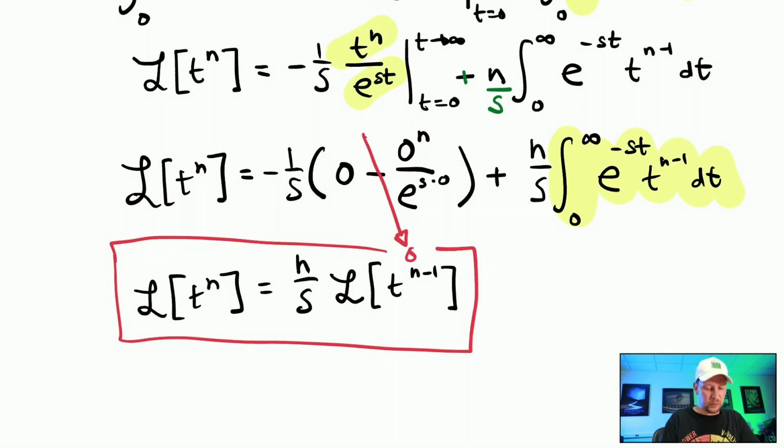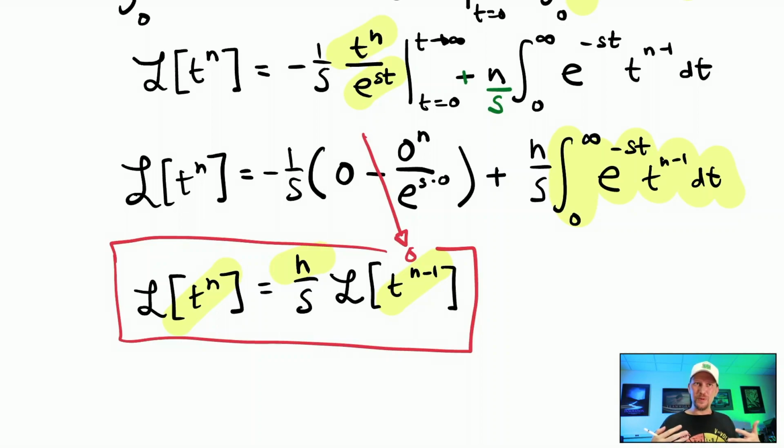If I wanted to, let's say, calculate the Laplace transform of t cubed, then one of the things that I would need to do is, since n is 3, I would have a 3 up here, and then I would need the Laplace transform of t to the 3 minus 1, or t squared, right? So I rewrote it in terms of a more basic Laplace transform, one in which the order of the monomial has been reduced by 1.